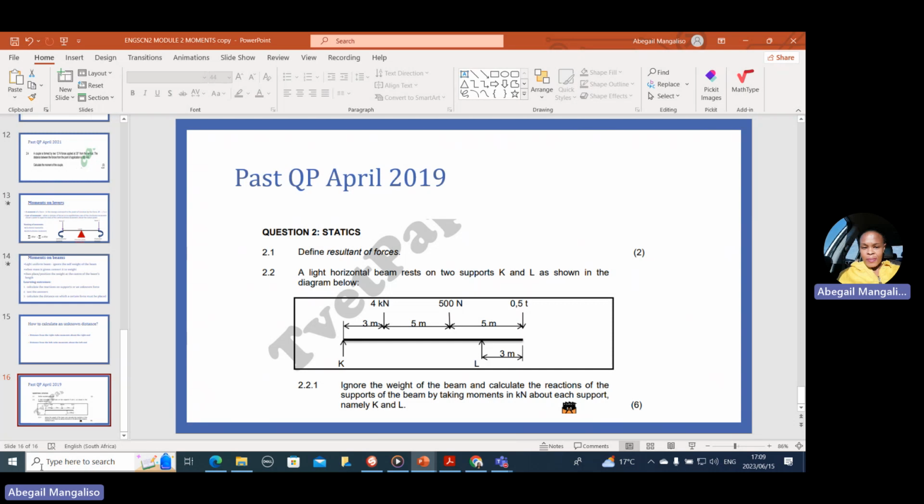Ignore the weight of the beam. So this is a light beam, you're not going to take its weight into consideration. Calculate the reaction of the support by taking moments, in kilonewtons, about each support, namely K and L.